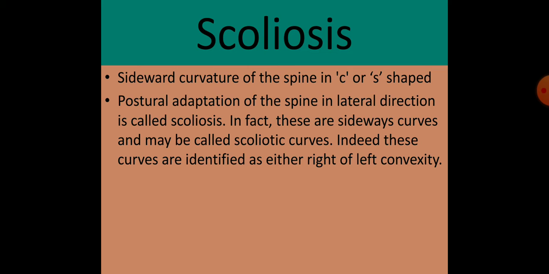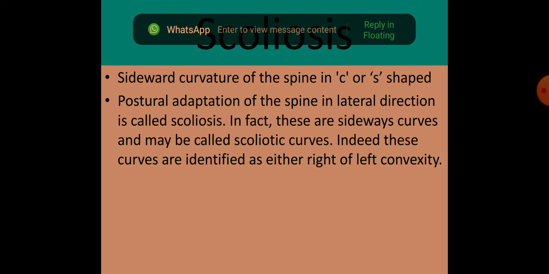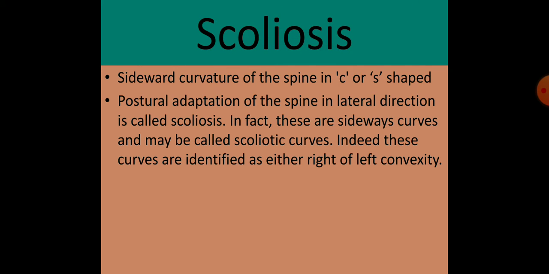C shape is when the spine is shifting sideward to the left, and S is when there is a double movement, one part of the spine moves left and one part moves rightward, so it makes the S shape. That's why it is known as S curve. C curve is when it is moving towards the left.